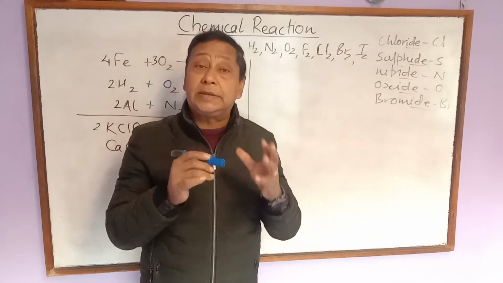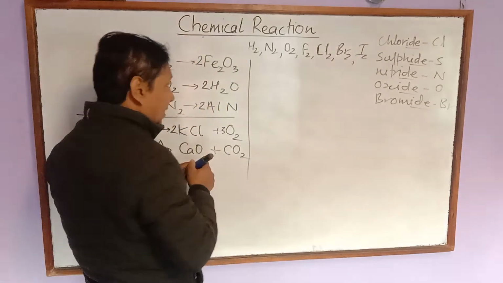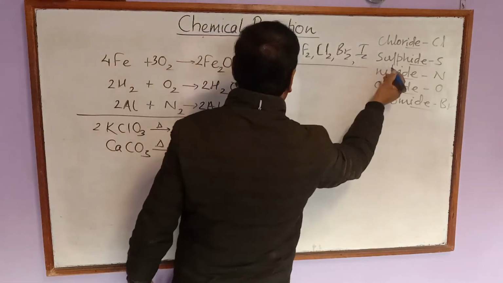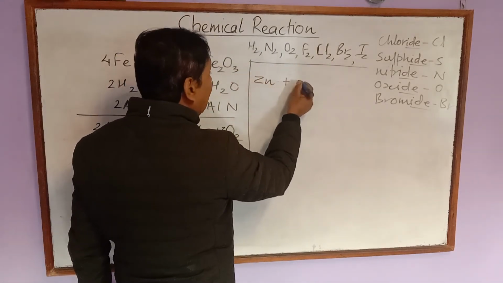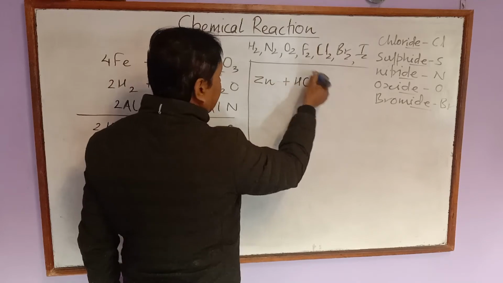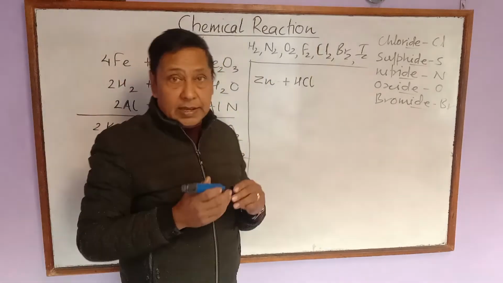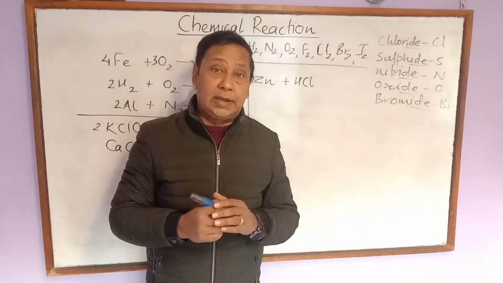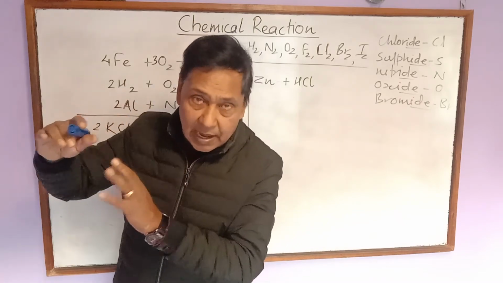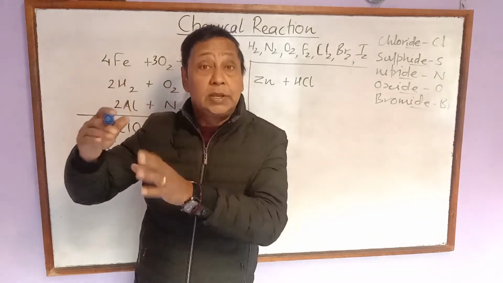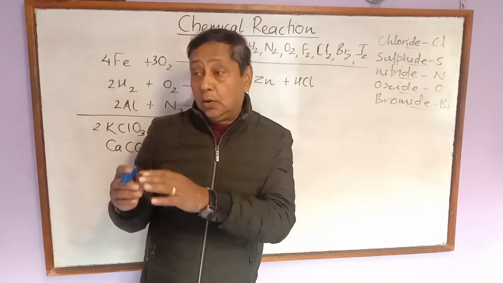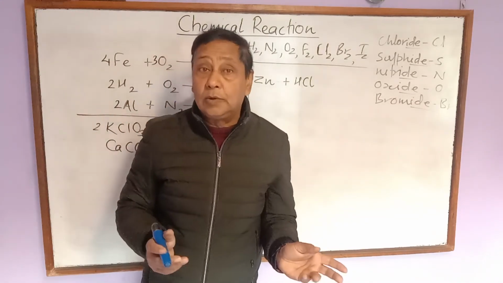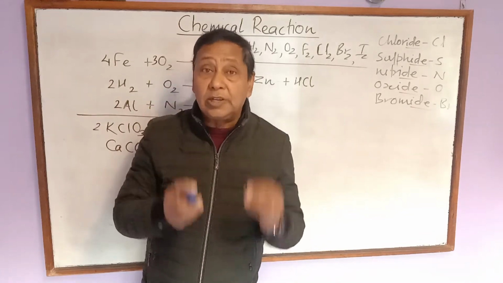Normally when a metal reacts with acid, what happens? Let's take one metal and acid. Let's say when zinc reacts with hydrochloric acid, this is hydrochloric acid, but this is a commercial name. We have to remember it differently. I'll tell you in another class what sort of compounds have commercial names, and looking at that name we cannot write the molecular formula.